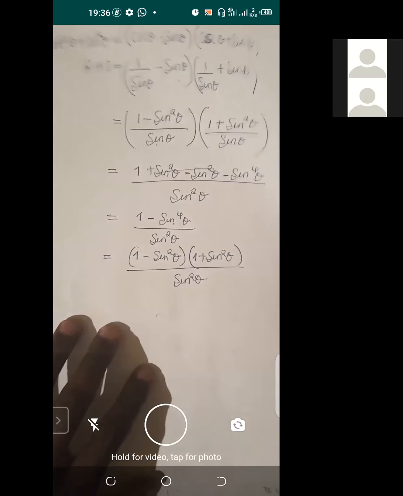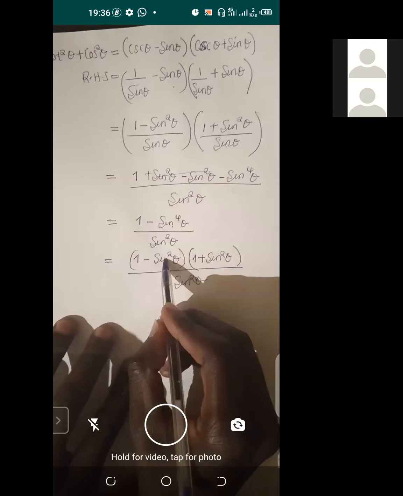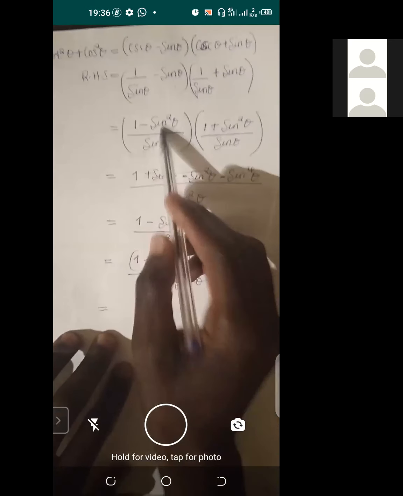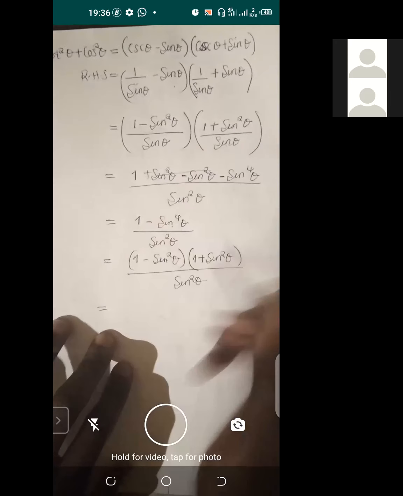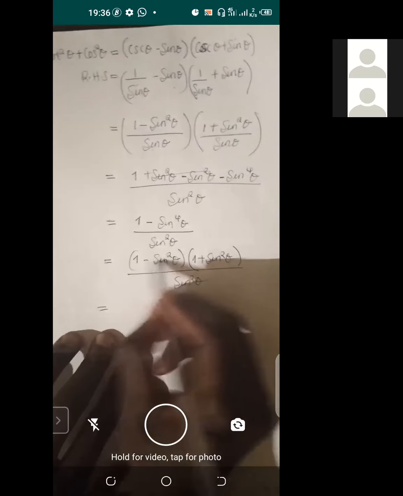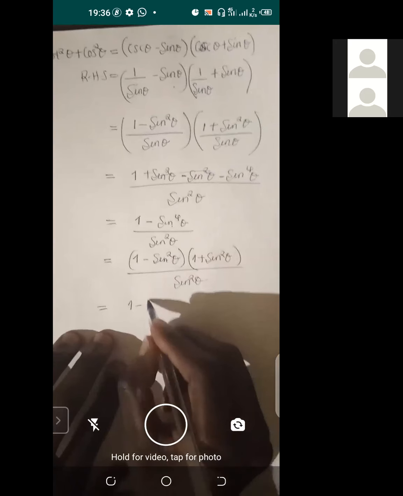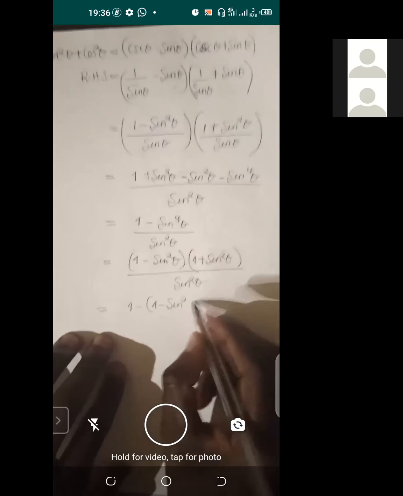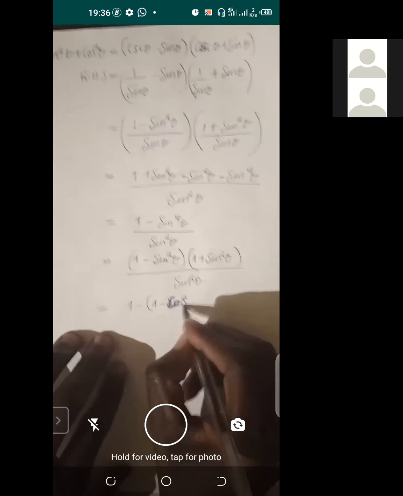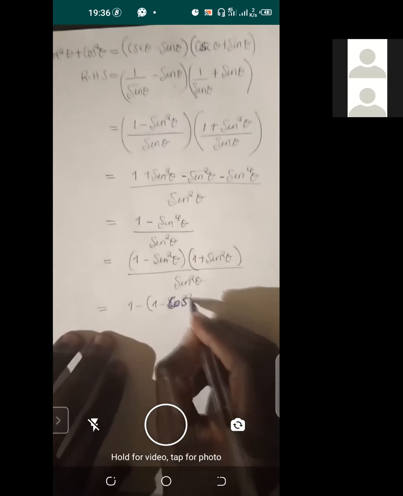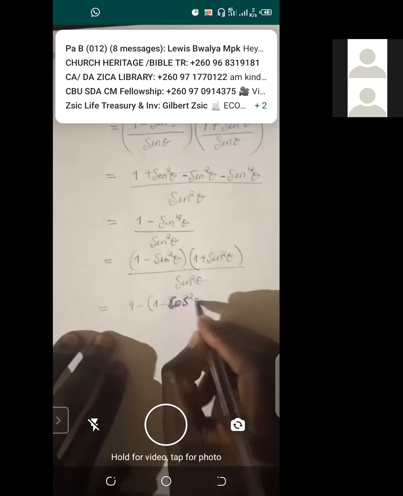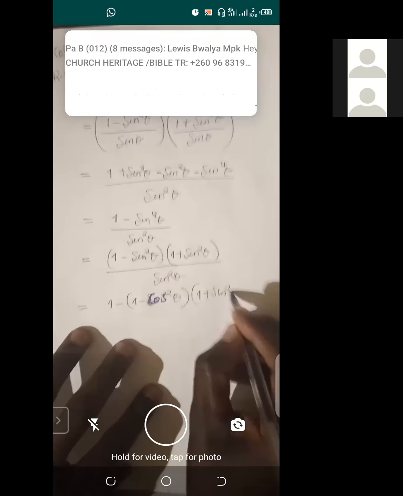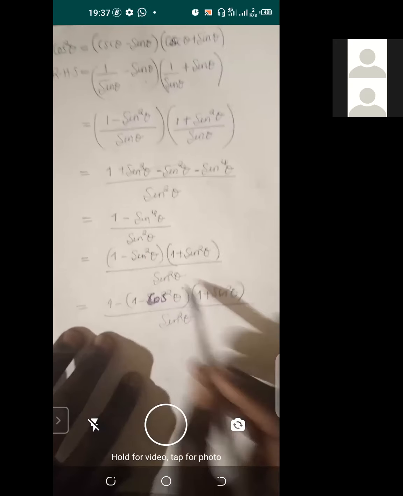Okay, so let's change this one here. In fact, we are supposed to do this step here. This one is very familiar. You get 1 minus sine squared, which is cos squared theta there. Then multiplied by 1 plus sine squared theta, then over sine squared theta.